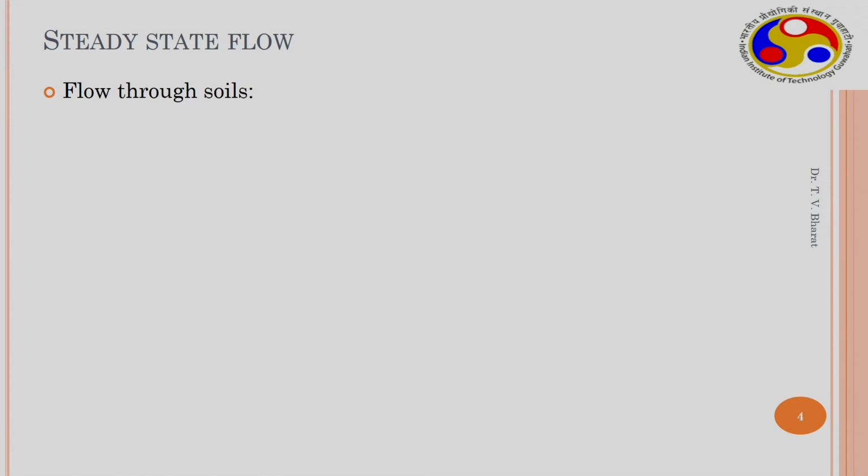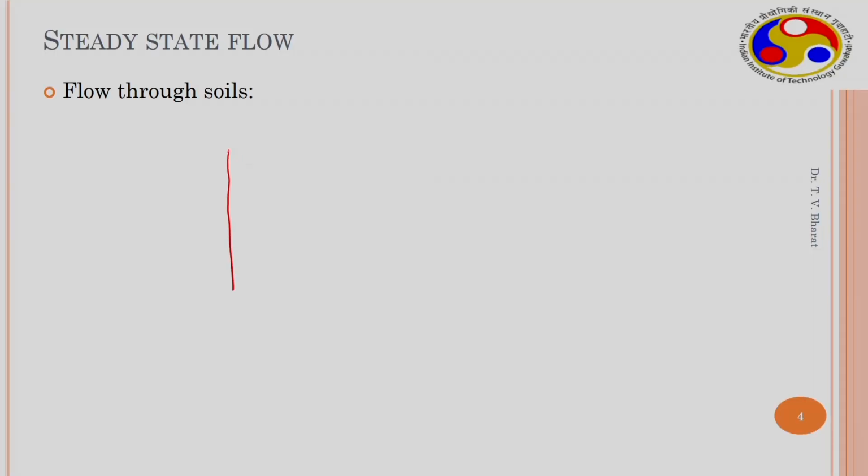This particular phenomenon we see in soils also. In soils, generally when we conduct hydraulic conductivity tests on coarse grained soils and fine grained soils, we utilize this concept. In coarse grained soils, we have a soil column, and the soil column is connected to one reservoir.